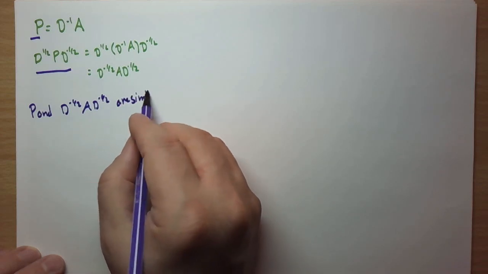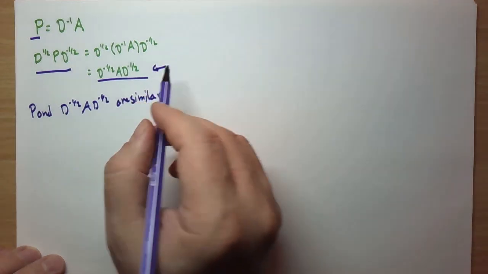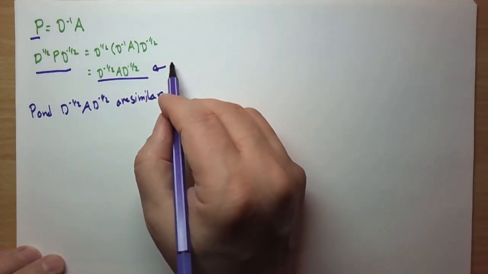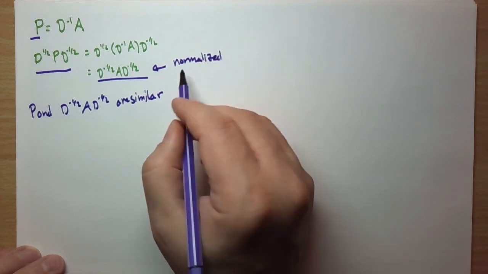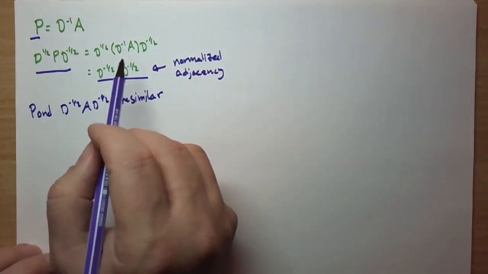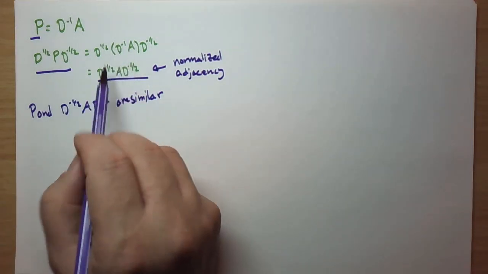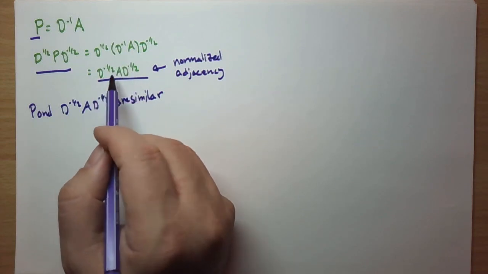They have the same eigenvalues. And by the way, I mentioned this matrix before by name, but I haven't said what it is. This is what you would call the normalized adjacency. Now, what can you say about this matrix? It's symmetric, because you can take the transpose.